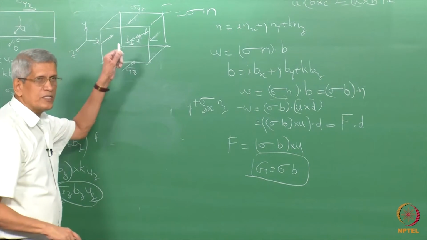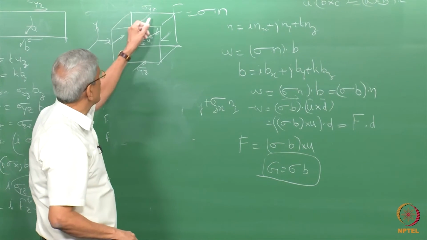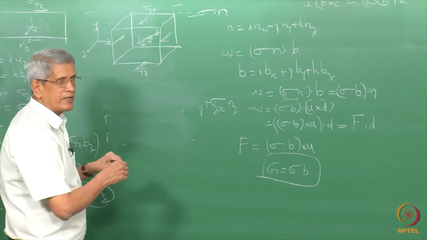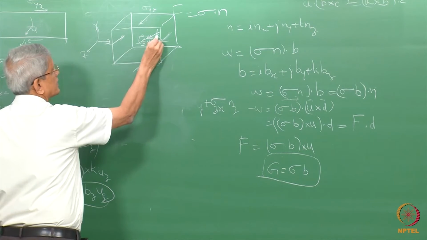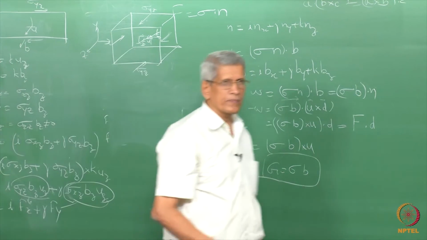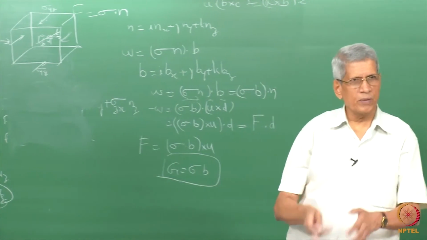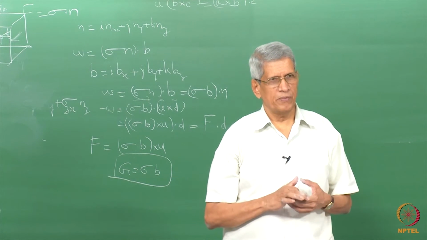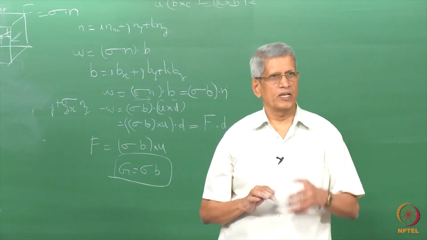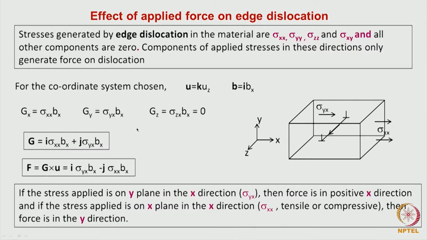If the stress applied is on the y surface in the z direction, the dislocation will move in this direction or in this direction. This becomes very clear from this expression, but in the qualitative way in which we initially started, it does not become very clear.